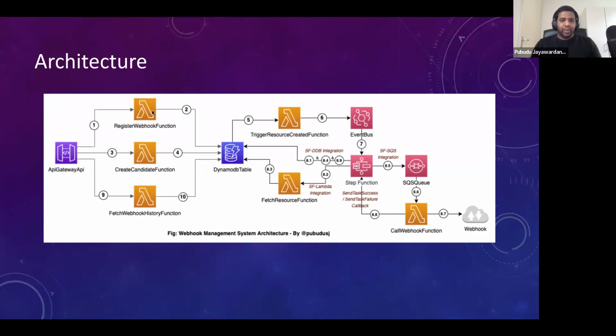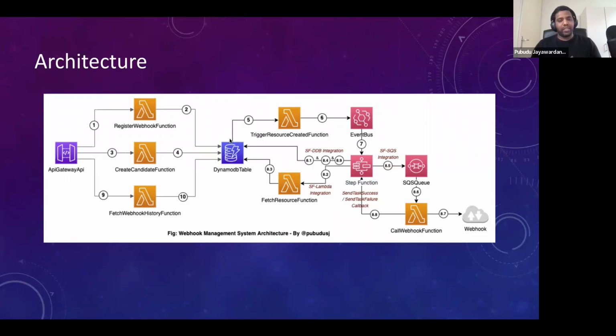And the next part is the create candidate flow. So for that particular company ID, we can create a candidate. That data again will be added to the same DynamoDB table. Here, as I said, DynamoDB Streams is enabled. So this particular Lambda function will be triggered based on the type of the record created in this table, as well as if it's an insert, delete, or update event.